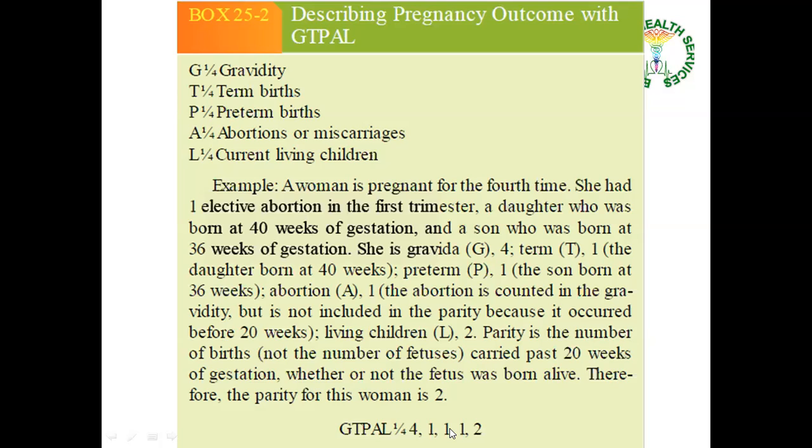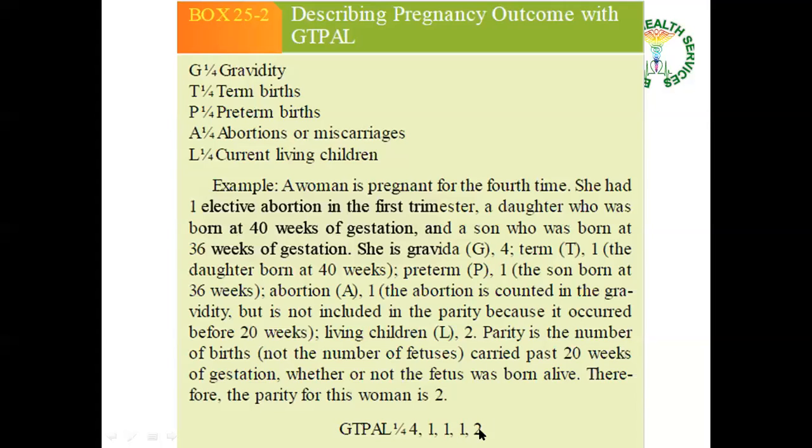Term means more than 38 weeks; 1 was born before 38 weeks. And A for abortion. So out of 4 pregnancies, the mother had 1 abortion or miscarriage. And L means current living children. So 2 are still with the mother. They celebrate their birthdays. So 2, 1 is abortion, 3, right? And one died.